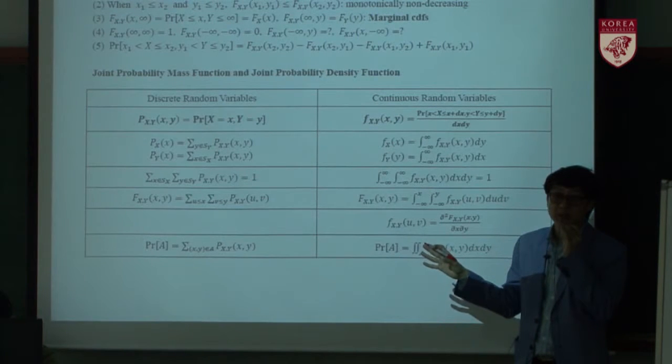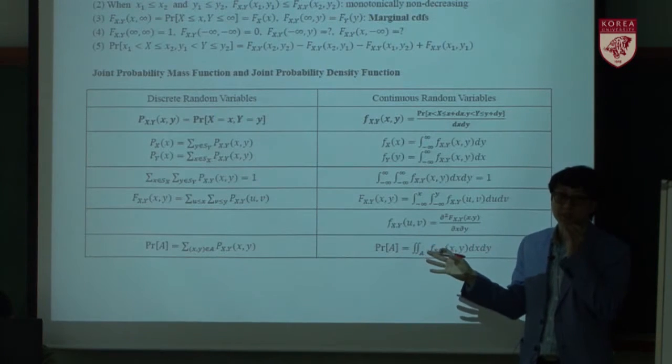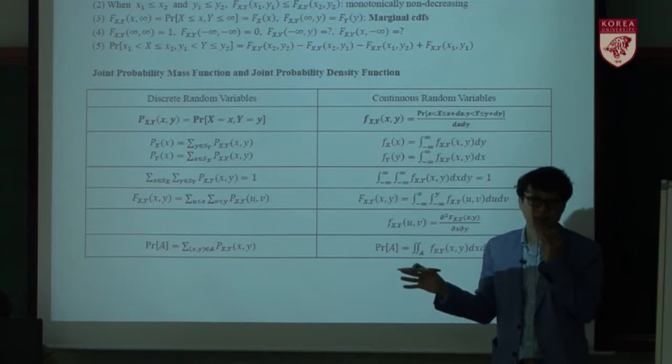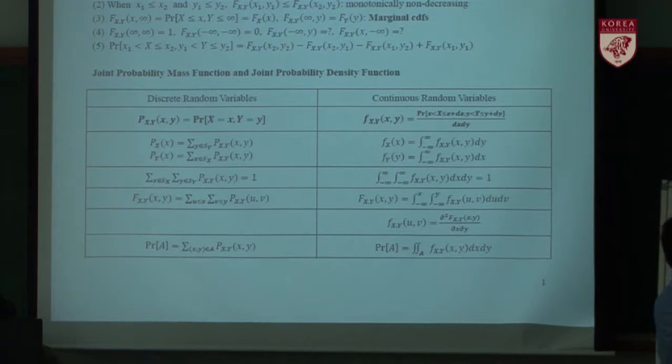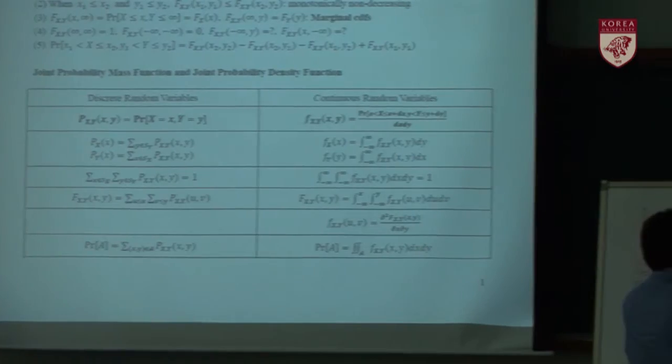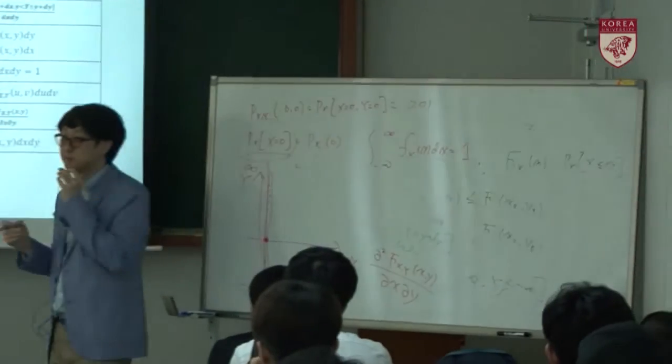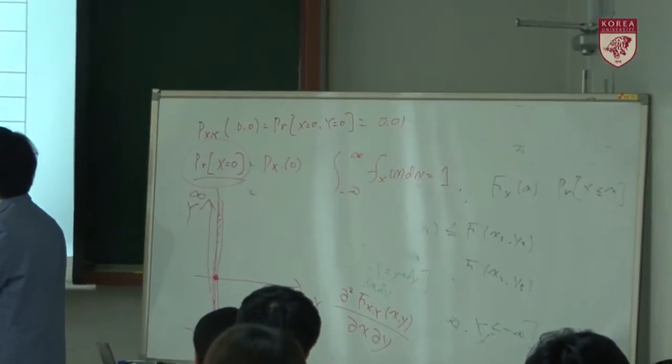So it is the same property as the single random variable, right? In the single random variable, the integral from minus infinity to infinity of f_X(x) dx should be 1. Okay, not that difficult.